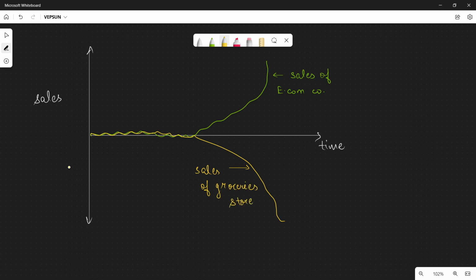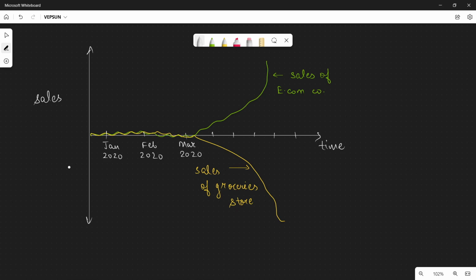If you realize this, you will understand that let's say this is the month of January 2020, this is February 2020, and this is March 2020, and so on, right?